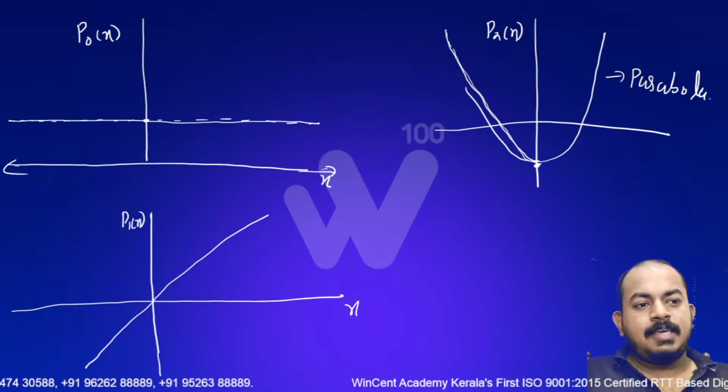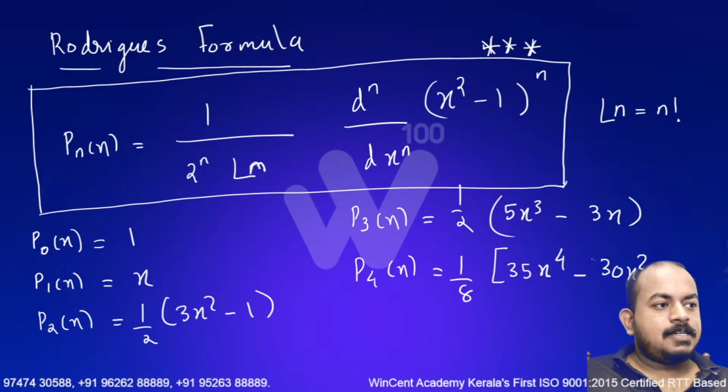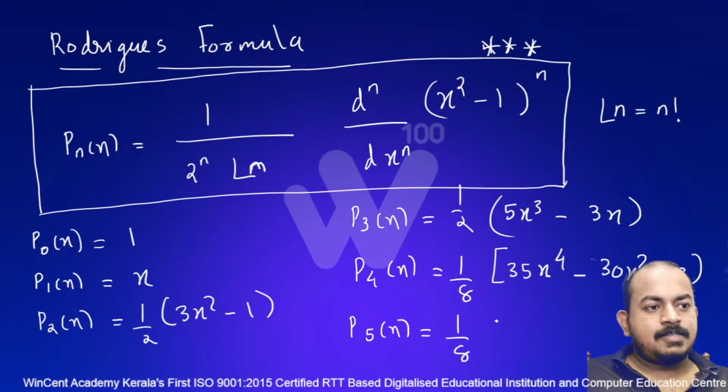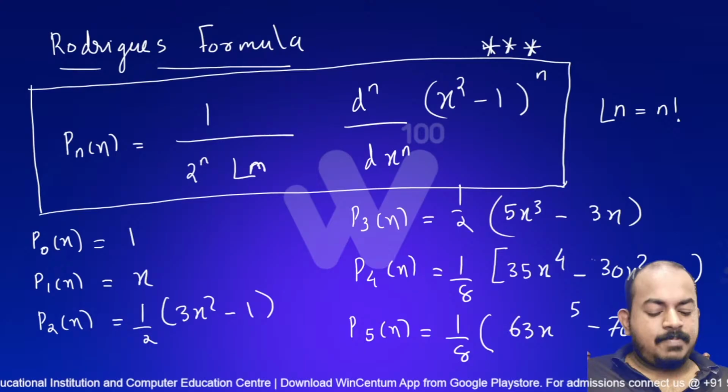Okay, and p2 of x we got this, and p3 of x becomes 1 by 2 times (5x cubed minus 3x). p4 of x equals 1 by 8 times (35x to the power 4 minus 30x square plus 3), and p5 of x equals 1 by 8 times (63x raised to 5 minus 70x to the power 3 plus 15x), and so on.